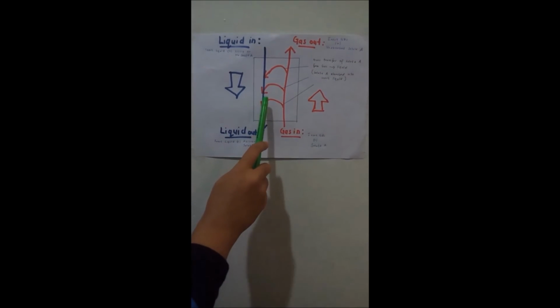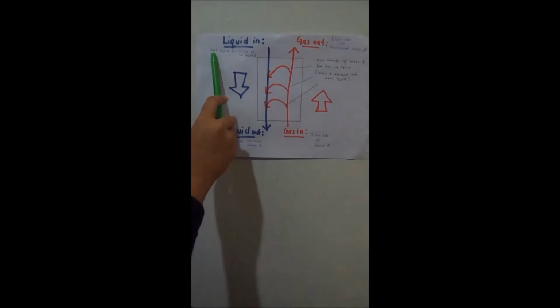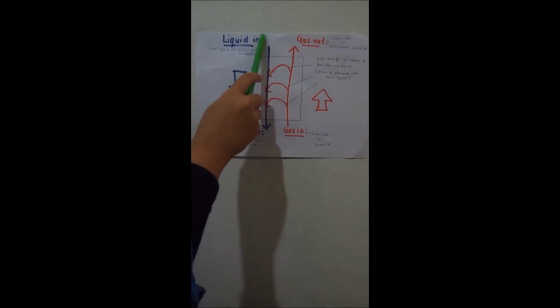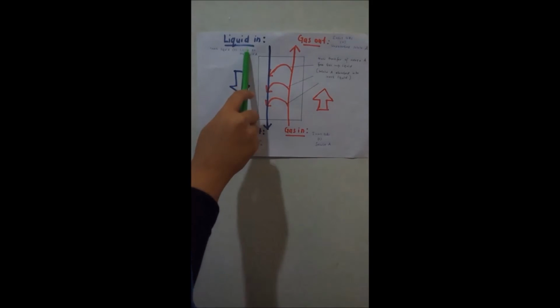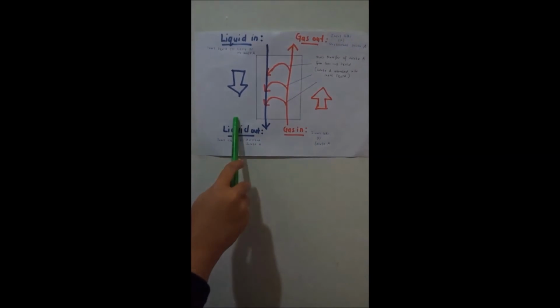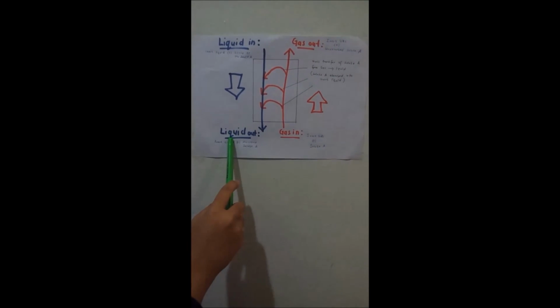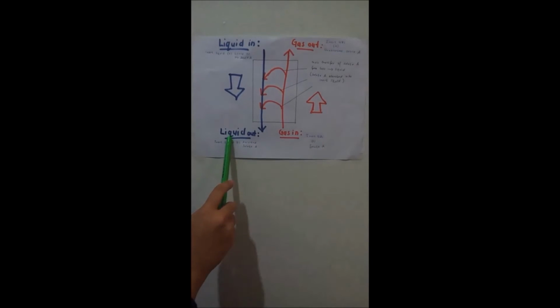The solute has been absorbed by the inert liquid that has been introduced at the top of the column. As the liquid goes down the column, the amount of solute in the liquid phase will increase.